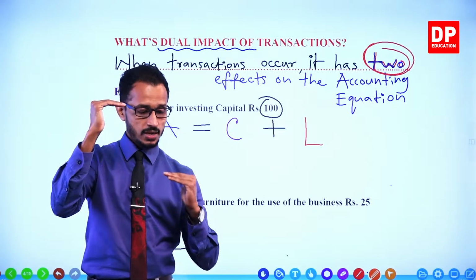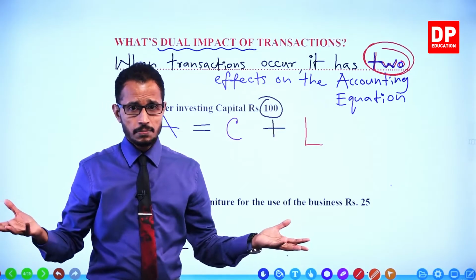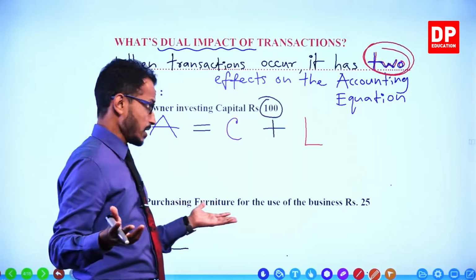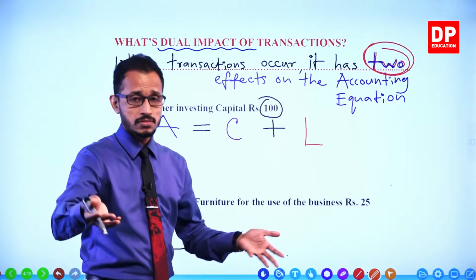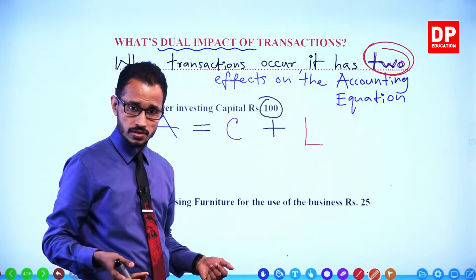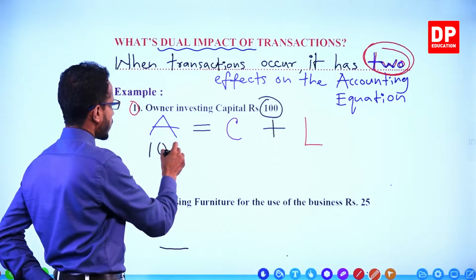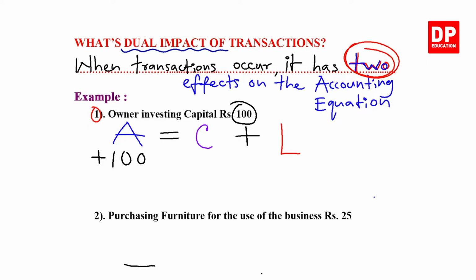At the same time, equity increases by 100 because the money came from the owner. Anything that belongs to the owner is equity. Anything brought or invested by the owner is equity. So what I write here is 100 plus under assets. That is cash.